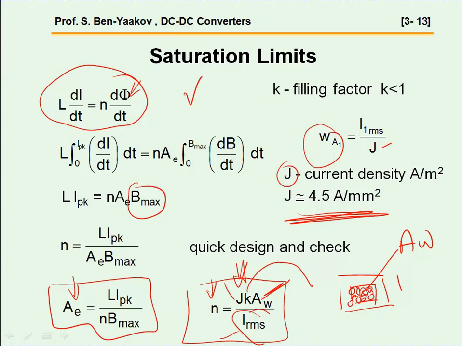So the fill factor would be 1 if ideally you could fill all the window, but this is not the case, of course. So K practically will be a smaller number, something like 0.7, 0.5, depending on how you wind it, the machine you use, and the cross section of the wire, whether it's round or maybe square. So this is a factor that you have to take into account.